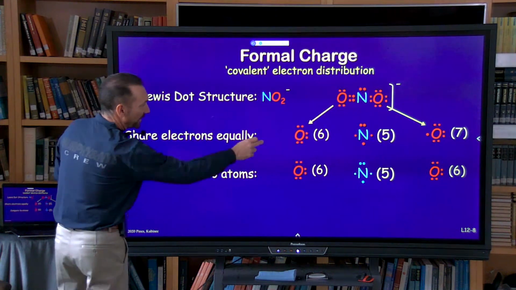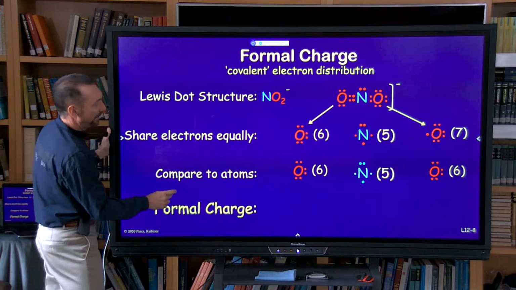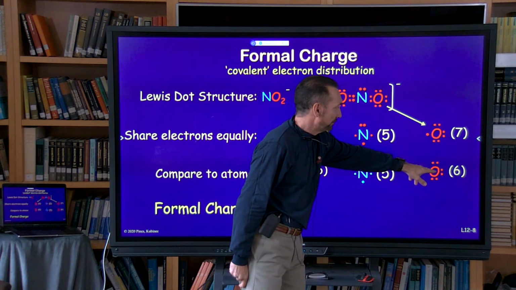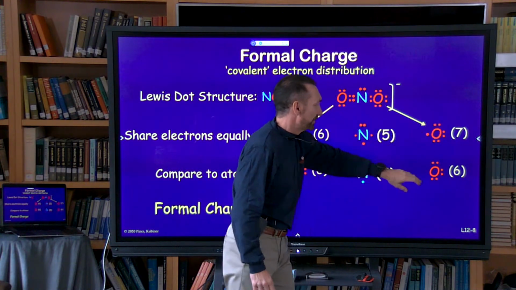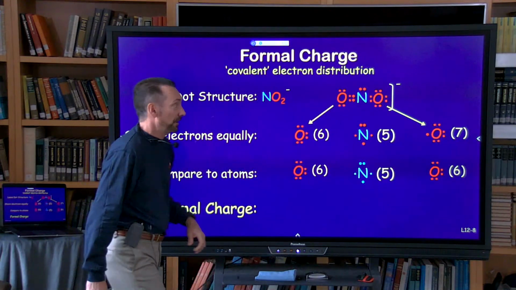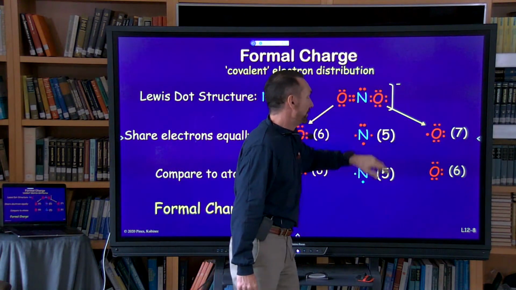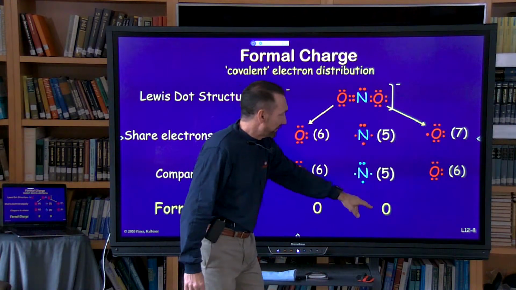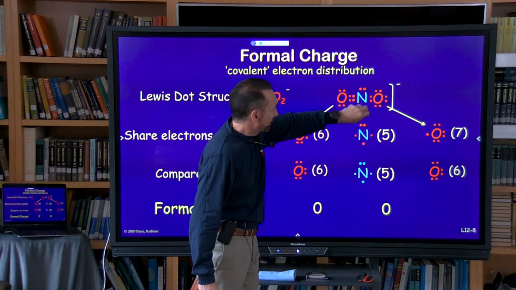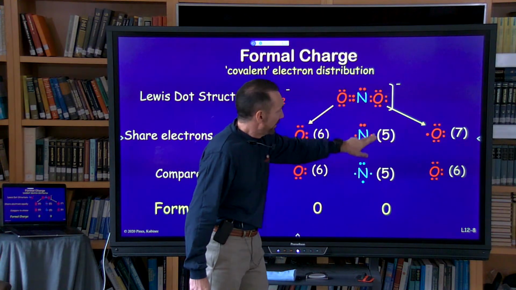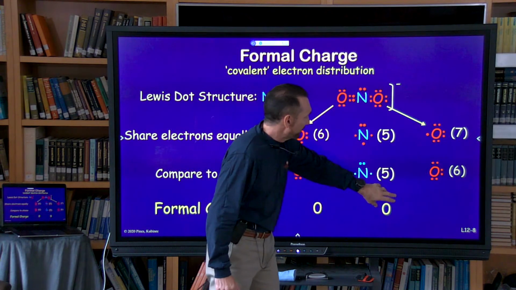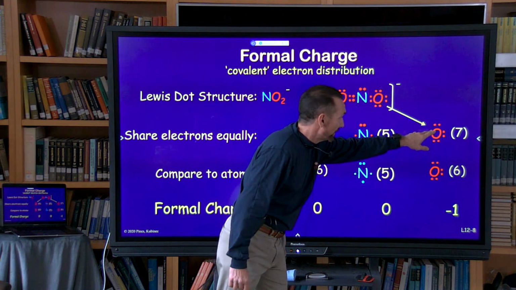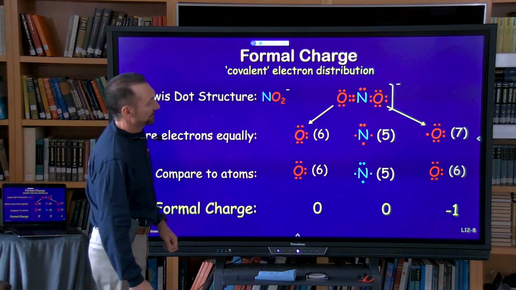And what we have is oxygen in the molecule has more electrons than it does as an atom. So that's where the negative charge ends up. So these two are formally charge 0. In this structure, when I do that sharing, there's 5 and there's 5 in the atom. There's an extra one in the molecule than the atom, so that's where the negative charge resides.